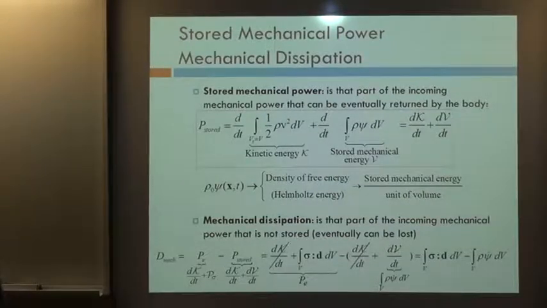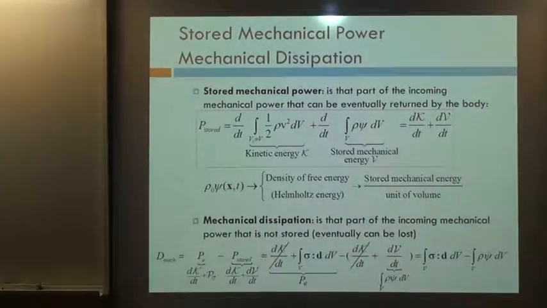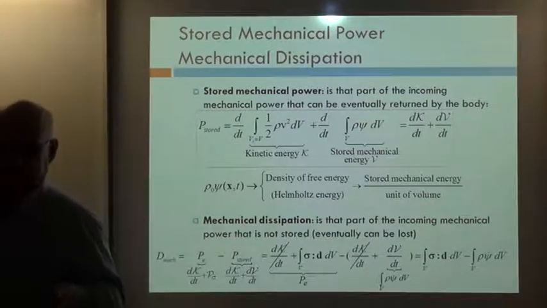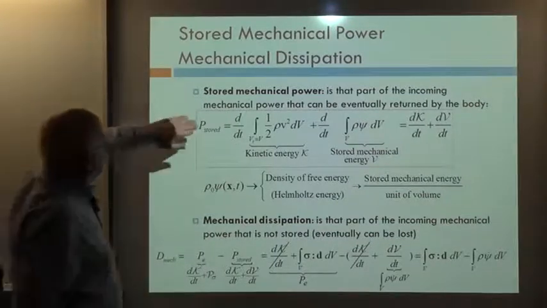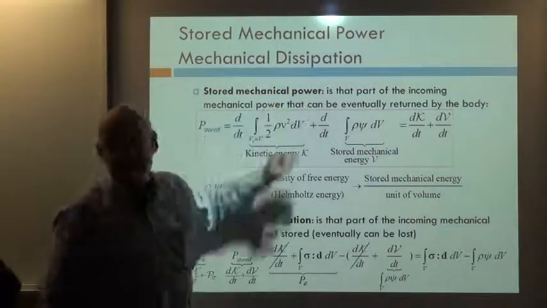So let's talk about dissipation. So far we have talked about how we enter work per unit of time into the medium. Let's now talk about what is done with this work. So, we define the stored mechanical power.